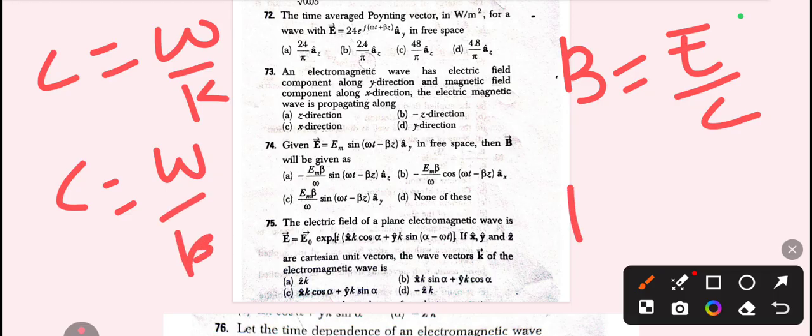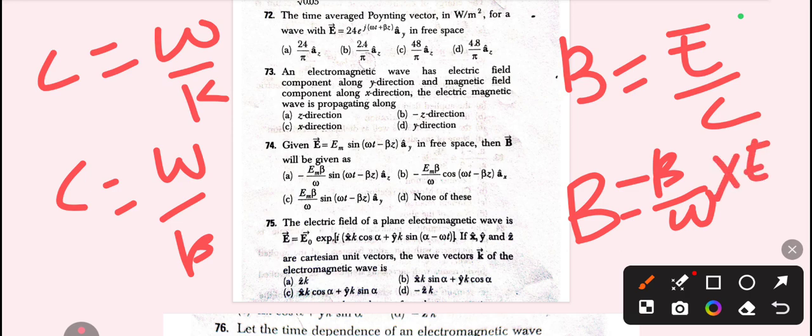Then we have B equals to beta over omega into E.